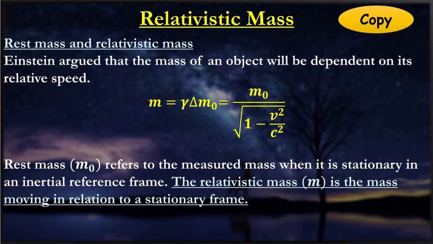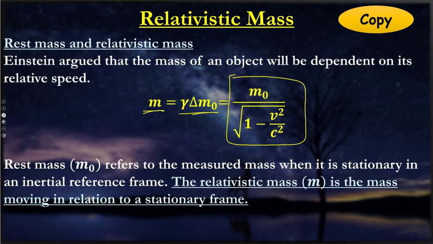We already talked about how as objects move near the speed of light, time dilates and there is length contraction. A similar thing we also find is that mass will also increase. Based on his equations, mass will increase as you travel near the speed of light. So this is the actual formula, and it represents the change in mass due to special relativity.